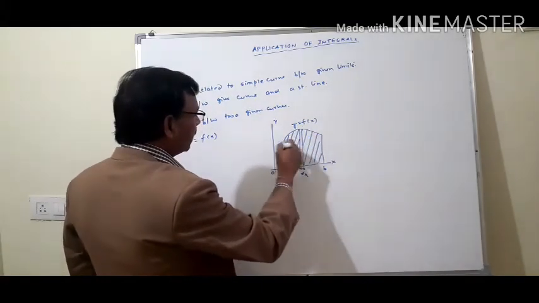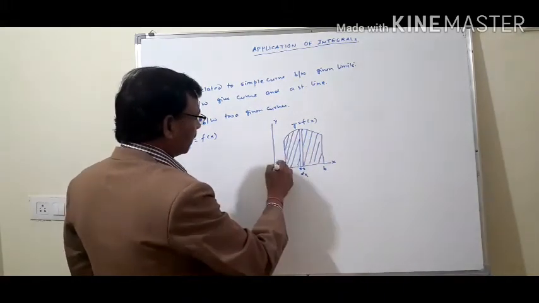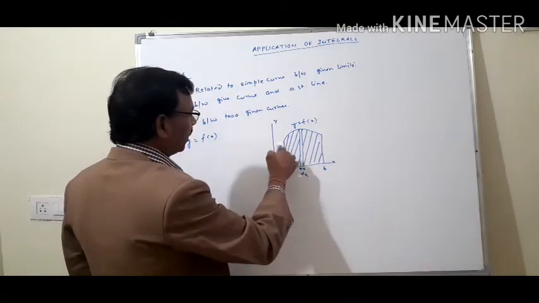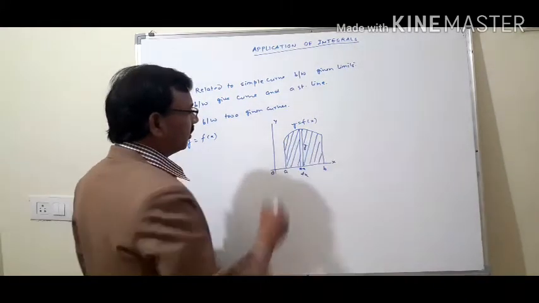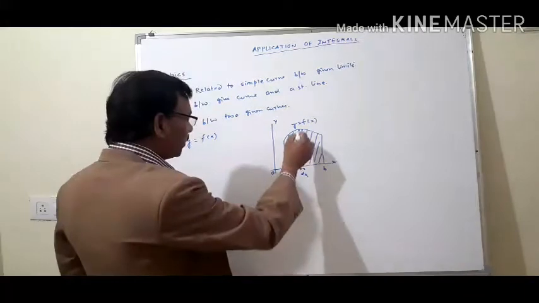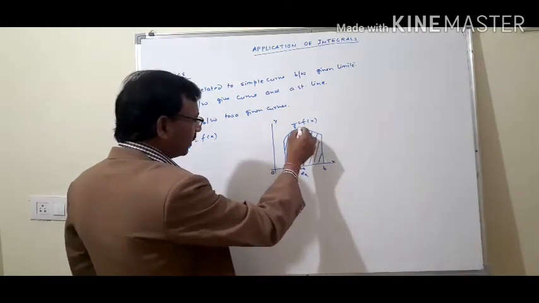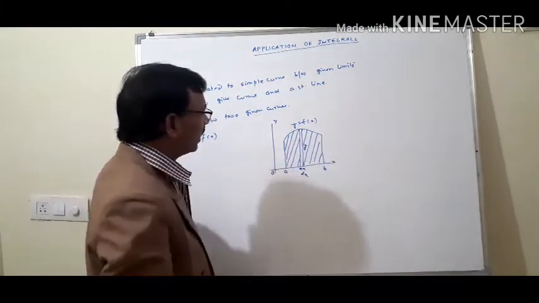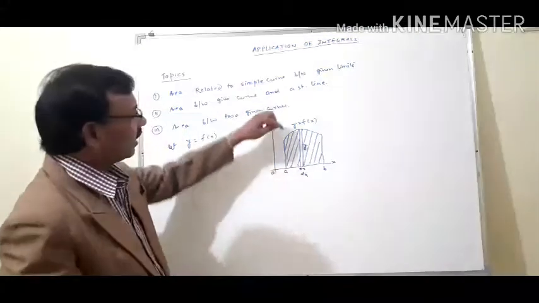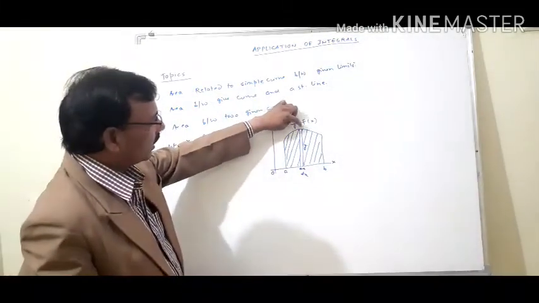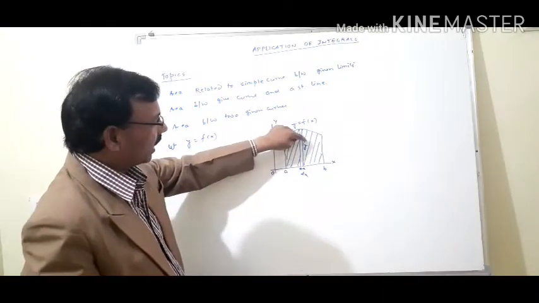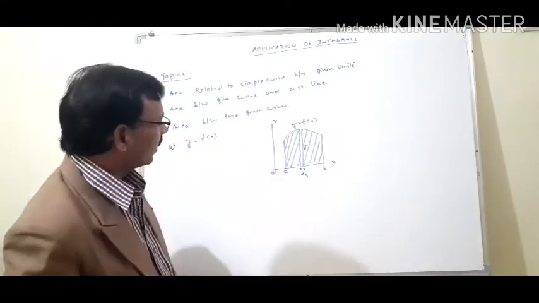and the length of this strip is y. Suppose this is the y-axis and this strip is parallel to the y-axis, so the length will be y. Therefore, if we find the area of one strip in the rectangular form, the area of this one strip equals length into width, that means y into dx.